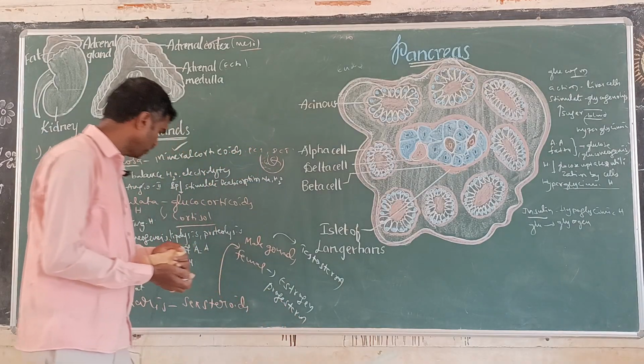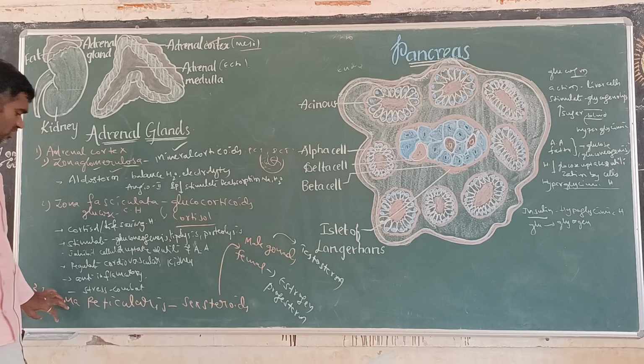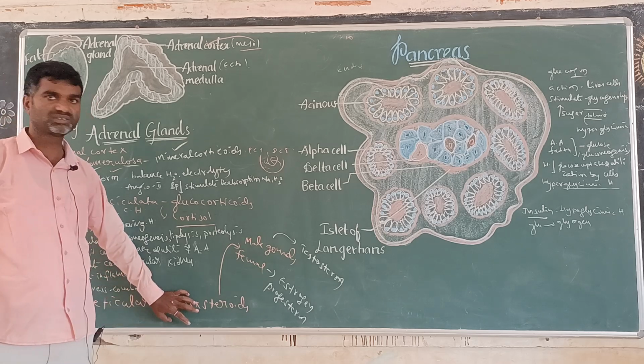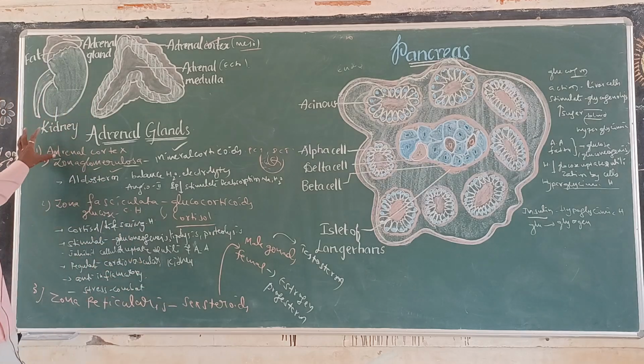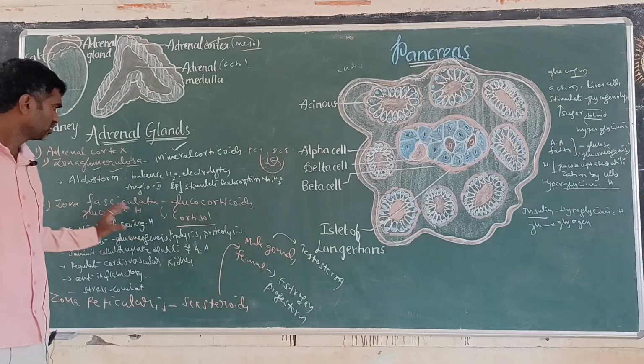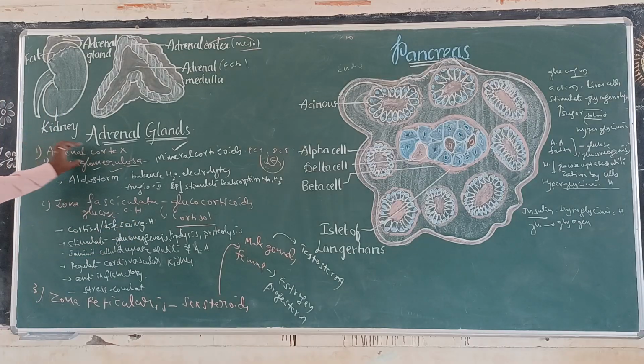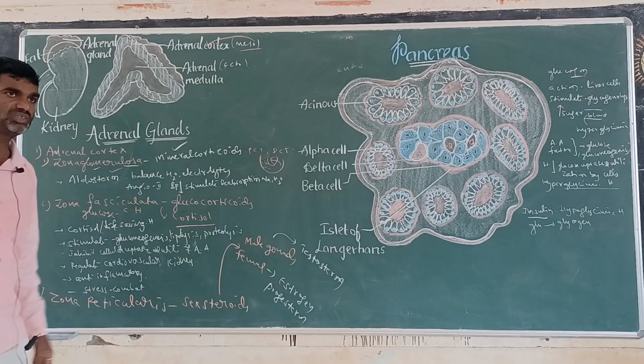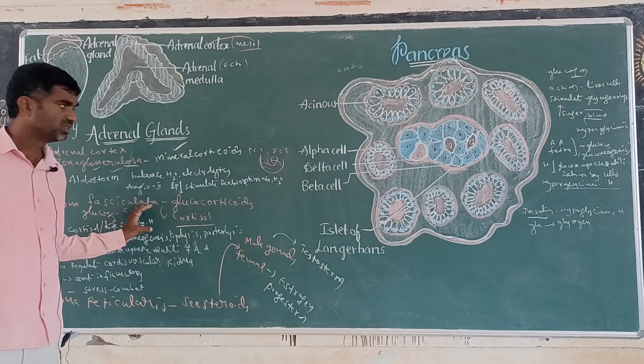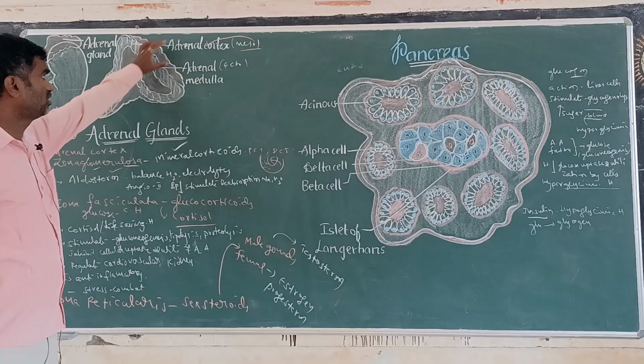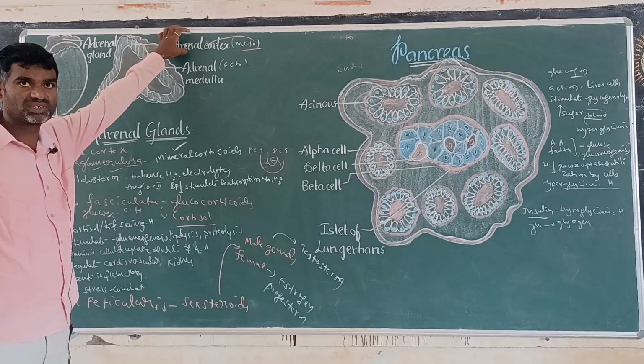This is about the adrenal cortex region: number 1 is the zona glomerulosa, number 2 is the zona fasciculata, and number 3 is the zona reticularis.